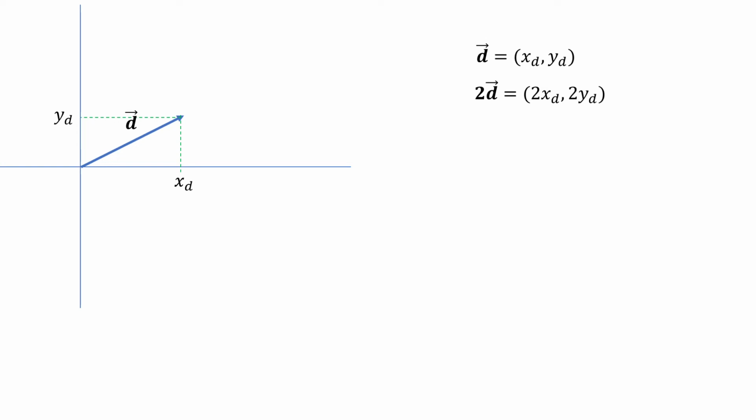By definition, when we multiply a vector by a scalar, we're really multiplying both coordinates by that scalar, right? But on the other hand, you can actually verify that vector 2d is simply vector d plus vector d, okay? Same way as you do with numbers, okay?